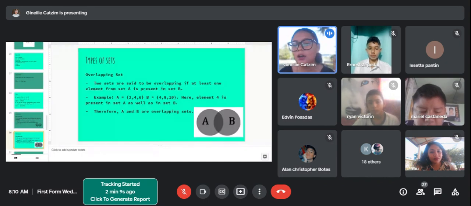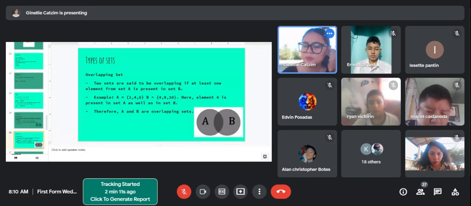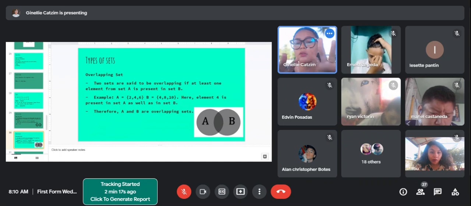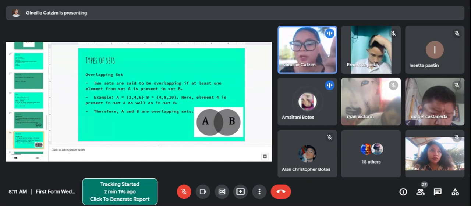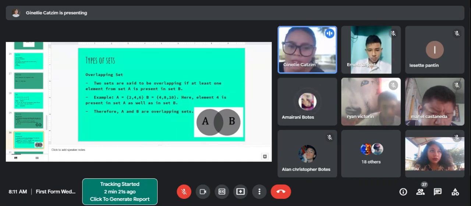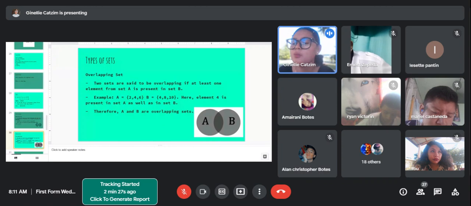Now we have overlapping sets. When you hear overlapping, we immediately think about this little image where two of them have something in common, right? Overlapping sets are basically when one element of set A is present in set B, so they have something in common.